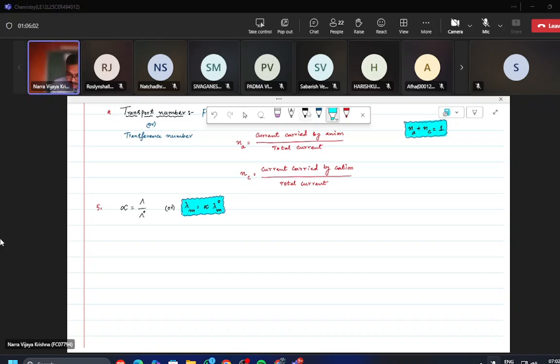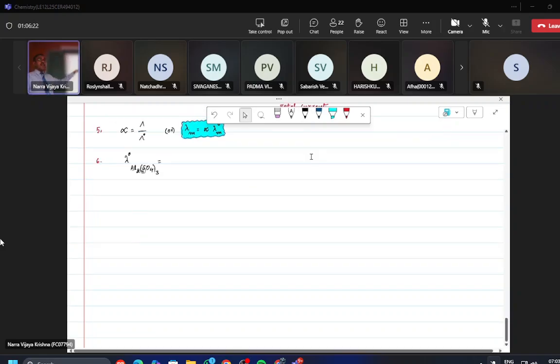Now, one more point, point number 6. I am writing molar conductance at infinite dilution for Al2(SO4)3. According to Kohlrausch law, or according to transport number, or according to ionic mobility, what conductance do I have to write?